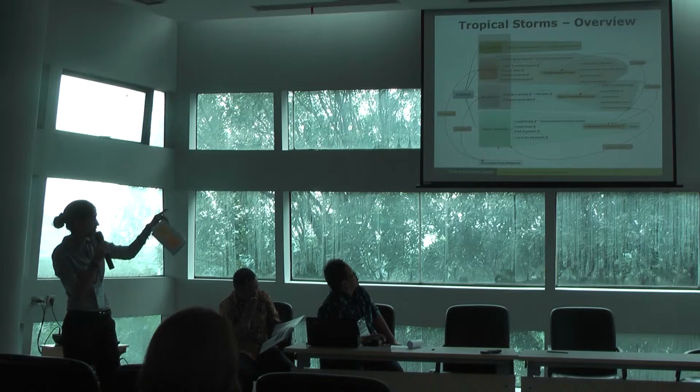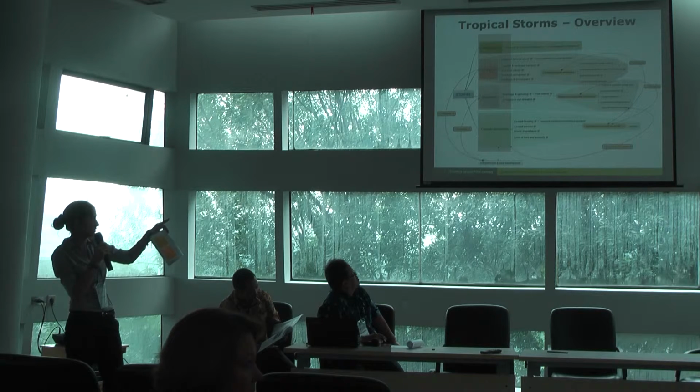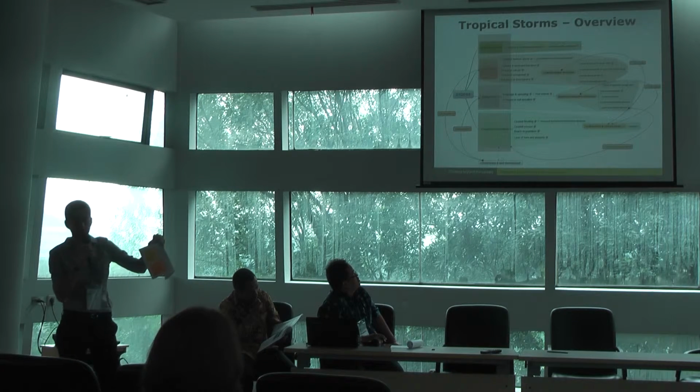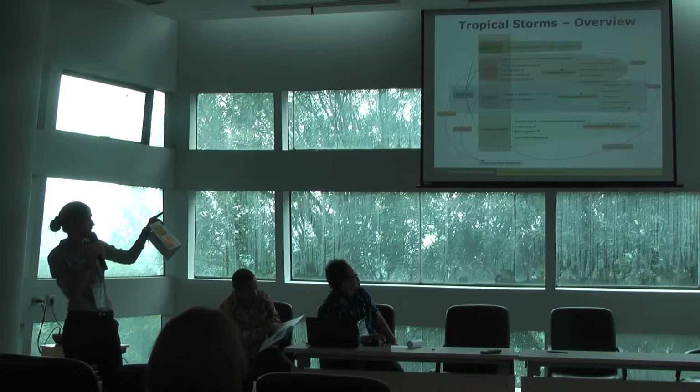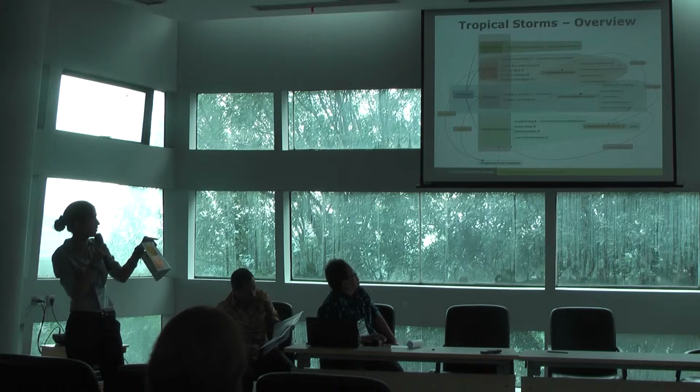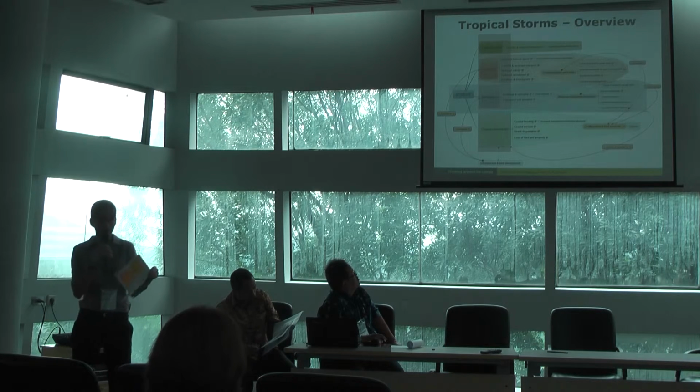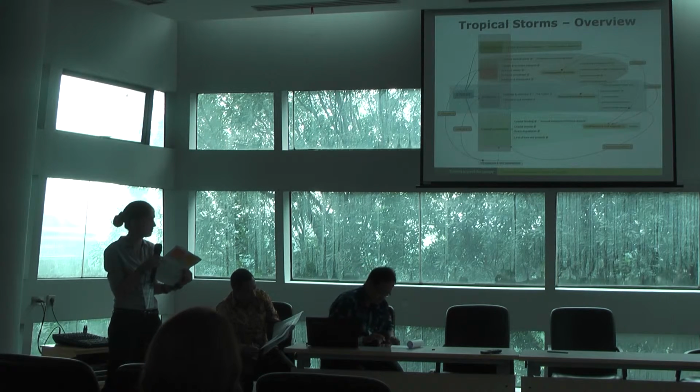The natural part, how storms are affecting the natural systems, such as seagrass beds, coral reefs, and mangroves. And then another part, which is how storms affect coastal communities. As a first example, I'm going to focus on how storms affect mangroves, and then I'll focus on how storms affect coastal communities.